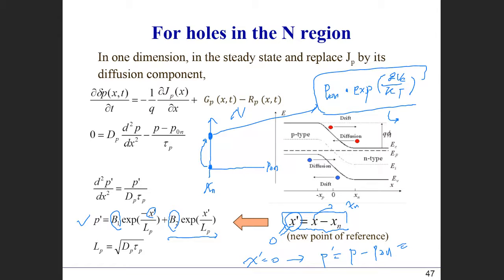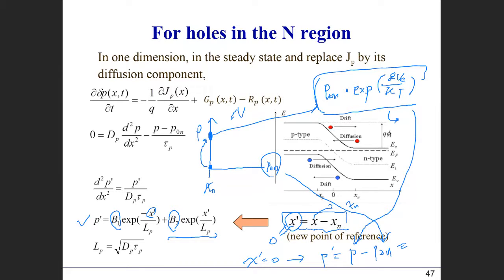That will follow the equation here, which means the new p will have this equation, and p_n0 is given the same way using this equation. So that solves the first boundary condition.